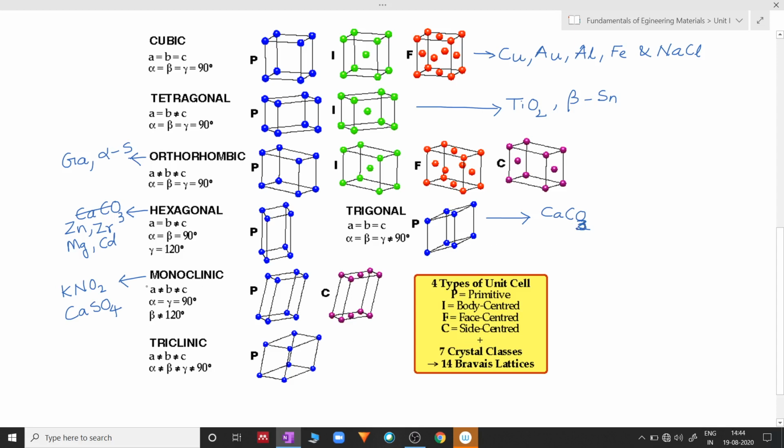And triclinic, for triclinic, K2S2O3 and K2Cr2O7.